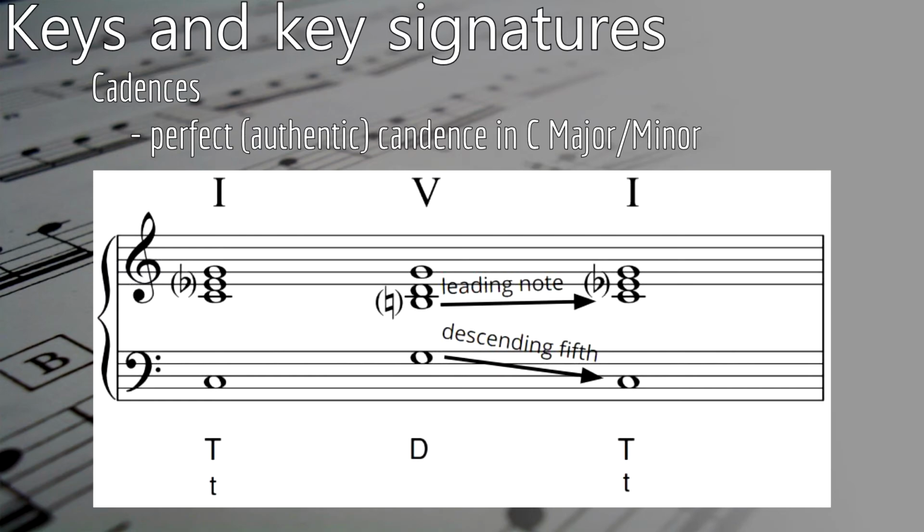The very important part is basically going from the dominant to the tonic. And there we have the characteristic leading note, which is in our case the B, which goes to the C, and our descending fifth. Together they sound like this.